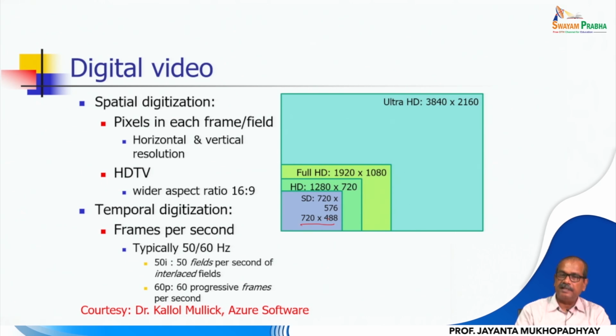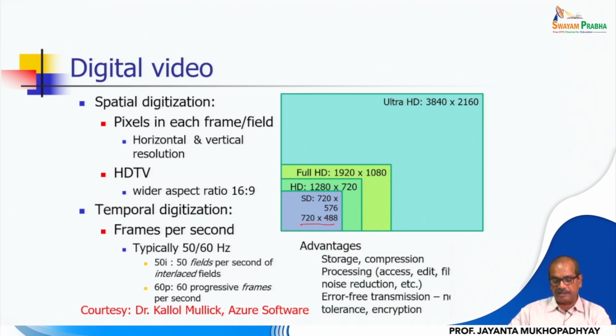The HD video standard is 1280 into 720, full HD is 1920 into 1080, and ultra HD is 3840 into 2160. You can also see the relative size of the aspect ratios.